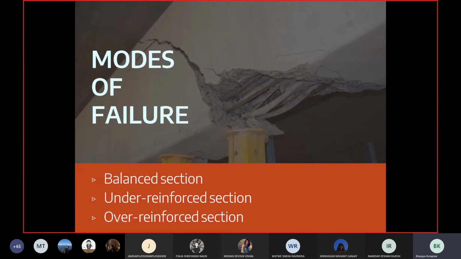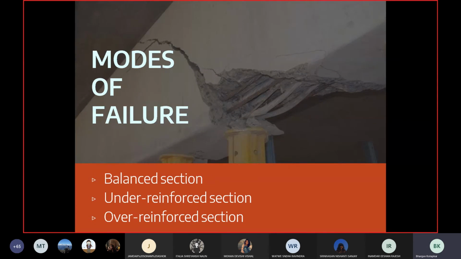So before concrete reaches its tensile capacity, for example, given a 40 megapascal compressive strength of concrete, let us consider that the tensile strength is 4 megapascals. So while the stresses are less than 4 megapascals, everything is controlled by concrete. It takes the compressive stresses, it takes the tensile stresses.